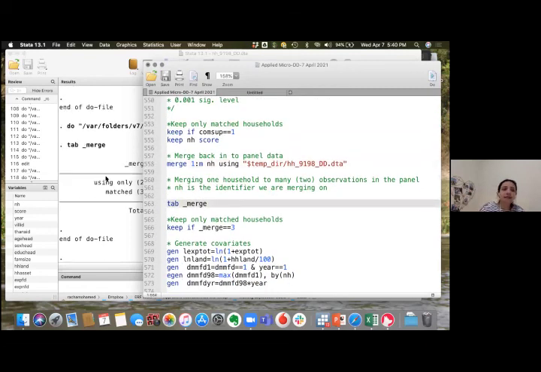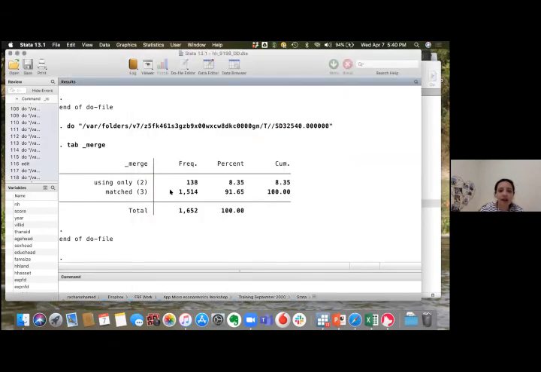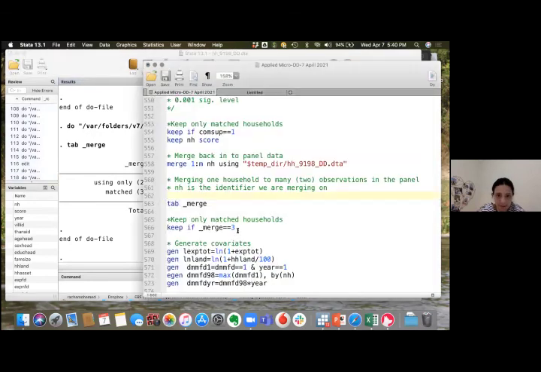I see that I have only 14 observations who are in both files, the one I created with the p-score and the original one. This means that these 138 observations were not on the common support area. There was no match for them. So I will exclude them from my analysis.